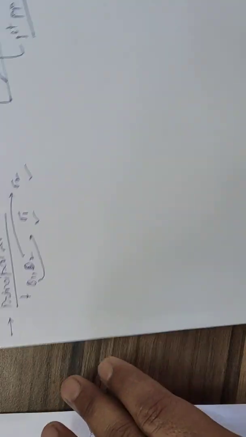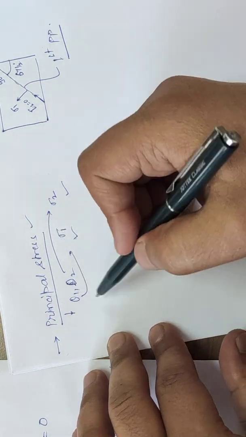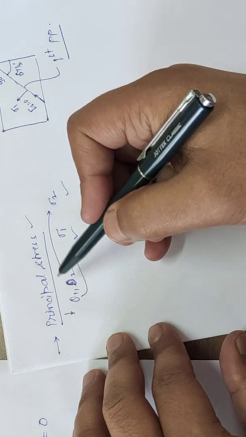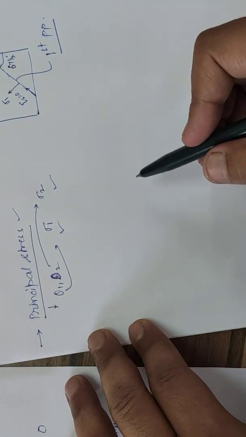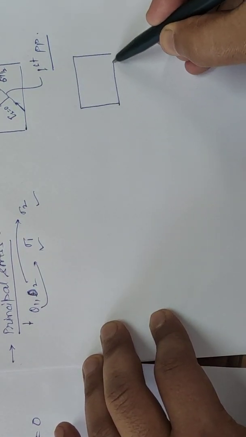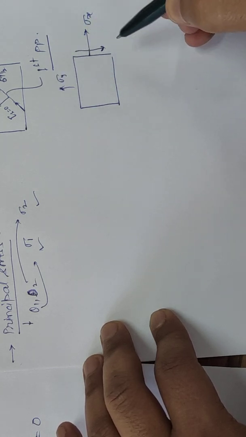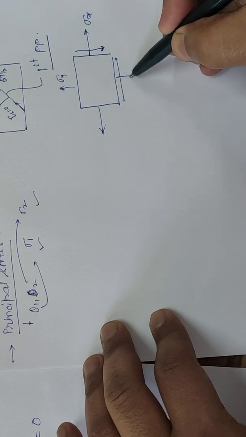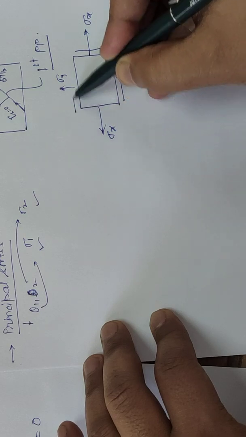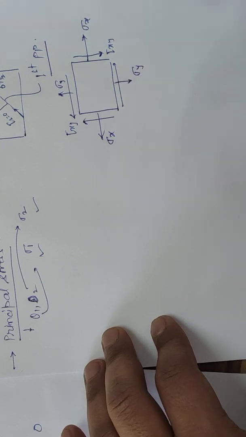Now we can also calculate the direct value of principal stresses. Let us say we do not want to calculate theta 1 and theta 2, and we want to calculate the principal stresses directly in terms of the given quantities. In the question, sigma x, sigma y and tau xy are given, and he is asking for the principal stresses.